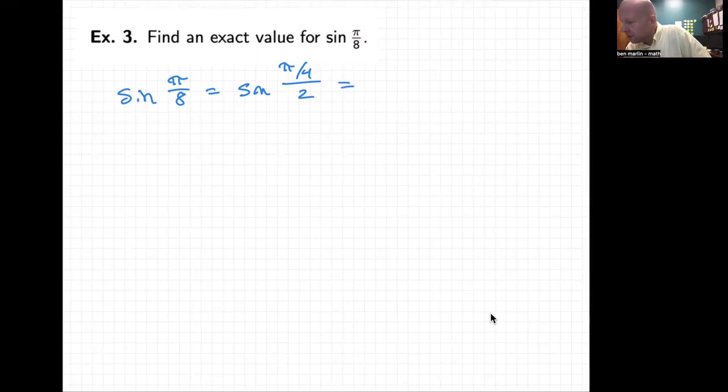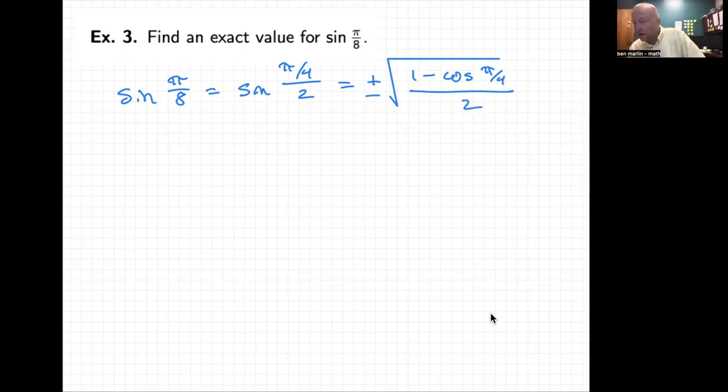So our formula that we have is plus or minus the square root of 1 minus the cosine of the angle there, the pi over 4, over 2. Okay. So we're going to say plus or minus the square root of 1 minus root 2 over 2, divided by 2.